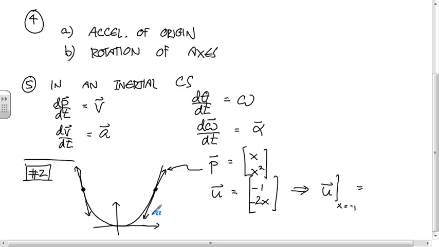So it would be pointing down into the third quadrant, which is what we want. Any other questions? So the basic idea is you take the derivative, it gives you the vector pointing in the direction of increasing parameter. If that's not what you want, then you just want the opposite vector. So multiply the vector by -1 and you have it.